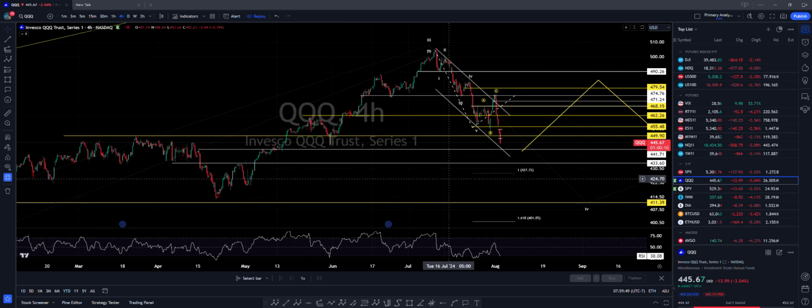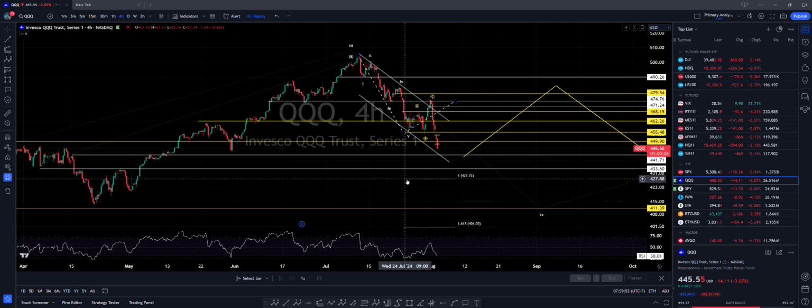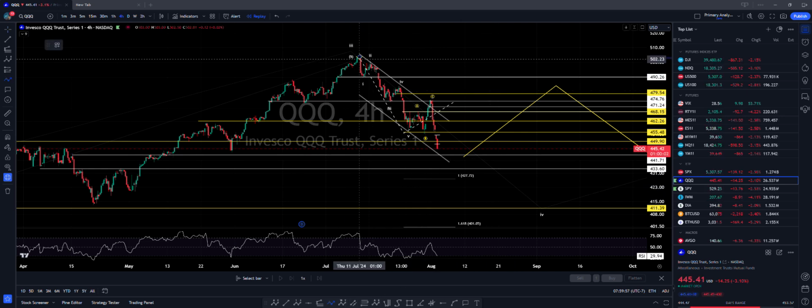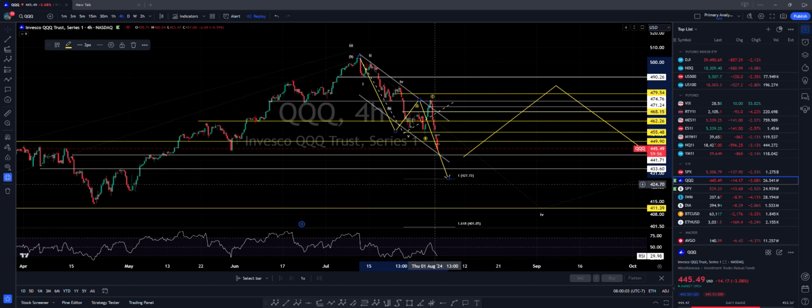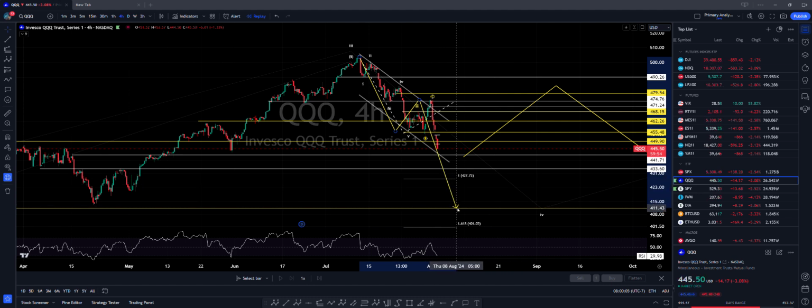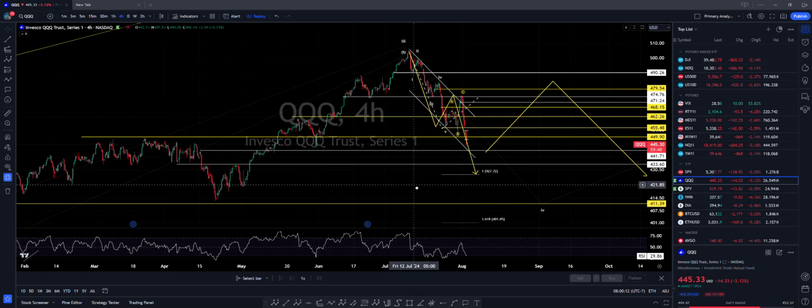So again, not that we want to go into puts right now, but we want to see that, because QQQ was front running the correction with Max 7, is it just going to be an ABC here, or is it going to go even deeper, right? So we don't know that yet.